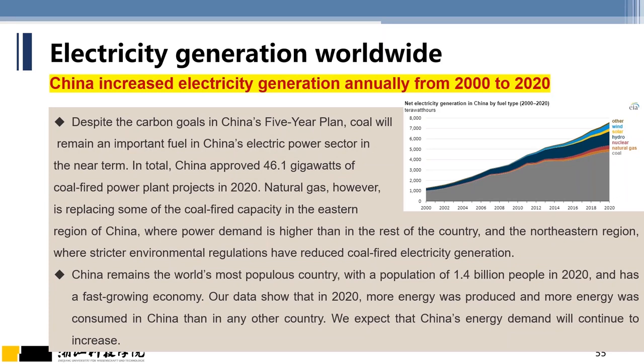Despite the carbon goals in China's five-year plan, coal will remain an important fuel in China's electric power sector in the near term. In total, China approved 46.1 gigawatts of coal-fired plant projects newly launched in 2020.